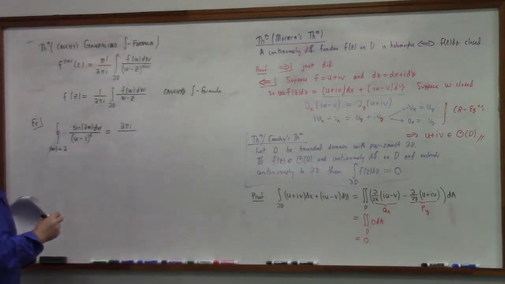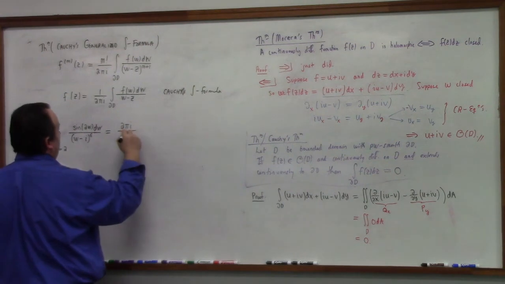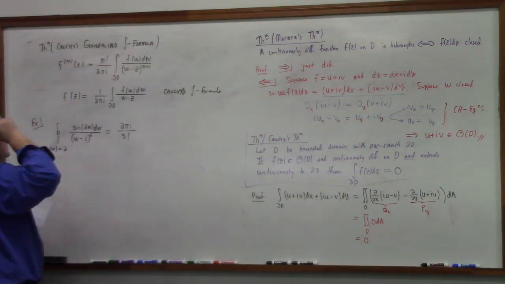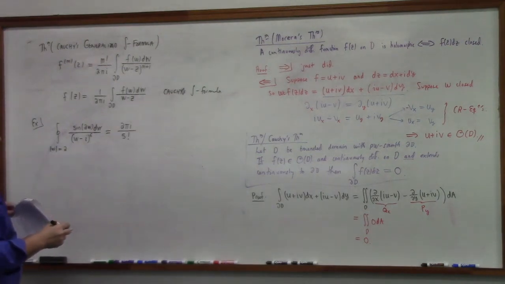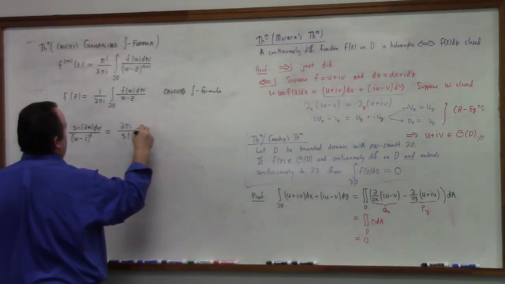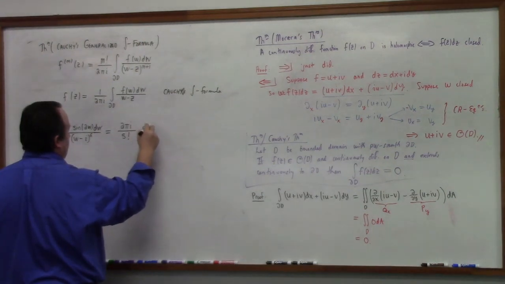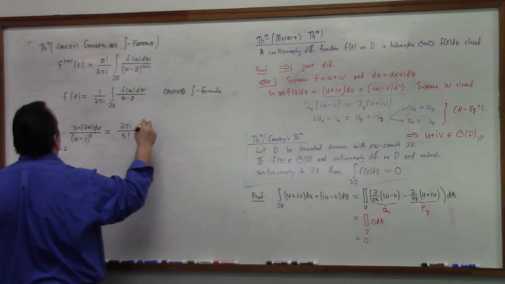M is equal to 5, so we have 2 pi i over, so I'm solving this theorem for the integral, basically. 2 pi i, and then I'm supposed to do what? The d/dz, the how manyth? You said 5? Yeah, 5.